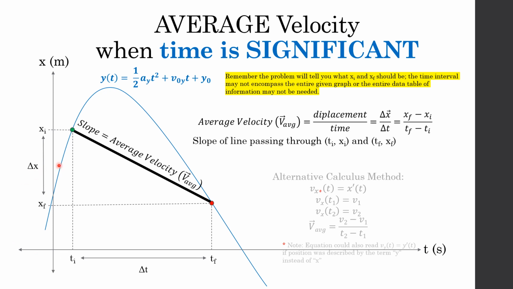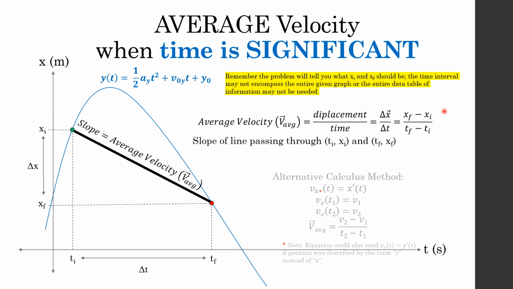So you can see essentially what we're doing here is we're finding the slope of the line passing through t initial, x initial, and t final, x final, right? You can see that's the line right here, and we're just finding the slope of it. That's what average velocity is. It's your change in your position over your change in time, which you can see your position is on the y-axis and your time is on the x-axis.